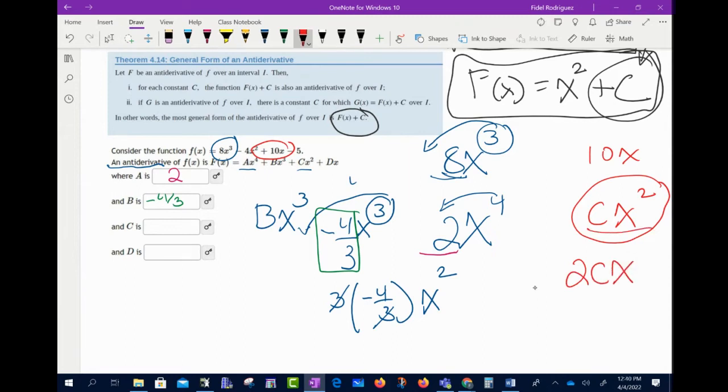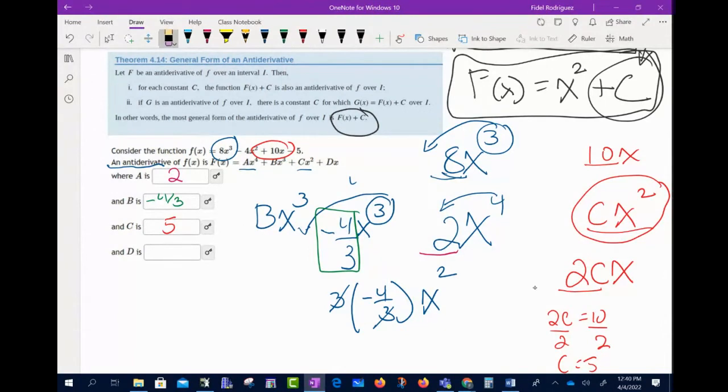Wouldn't I really get 2cx? So wouldn't 2c be the same thing as the number 10, right? So if 2c is equal to 10, wouldn't c, oops, sorry, it's supposed to divide by 2. Wouldn't c really be the same thing as the number 5? So look, y'all, I'm going to put a 5 right there. Okay.